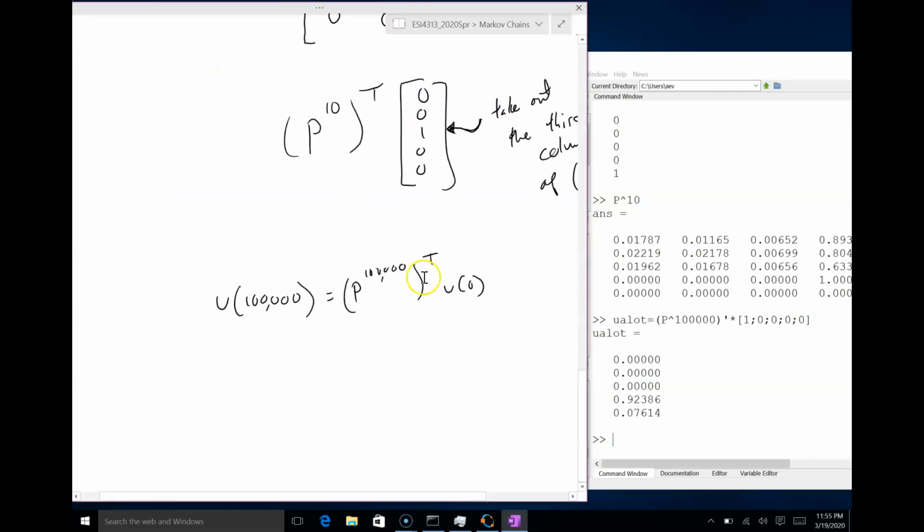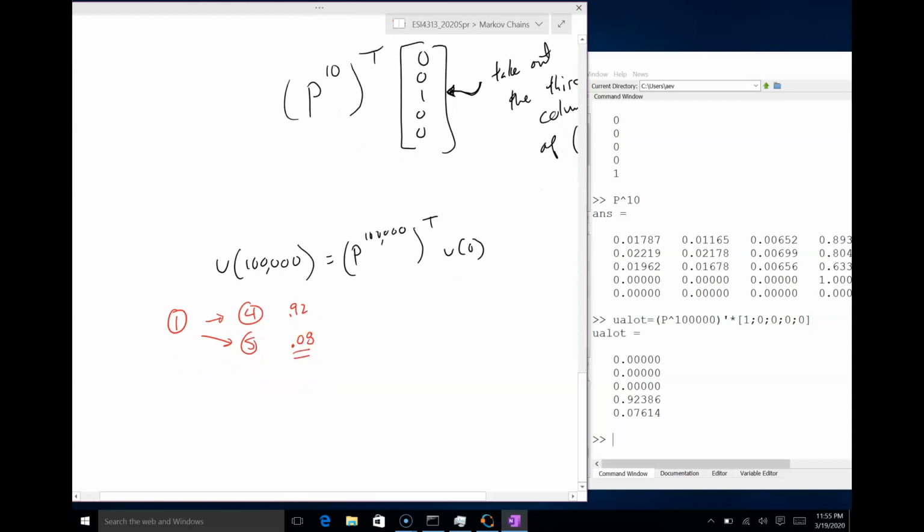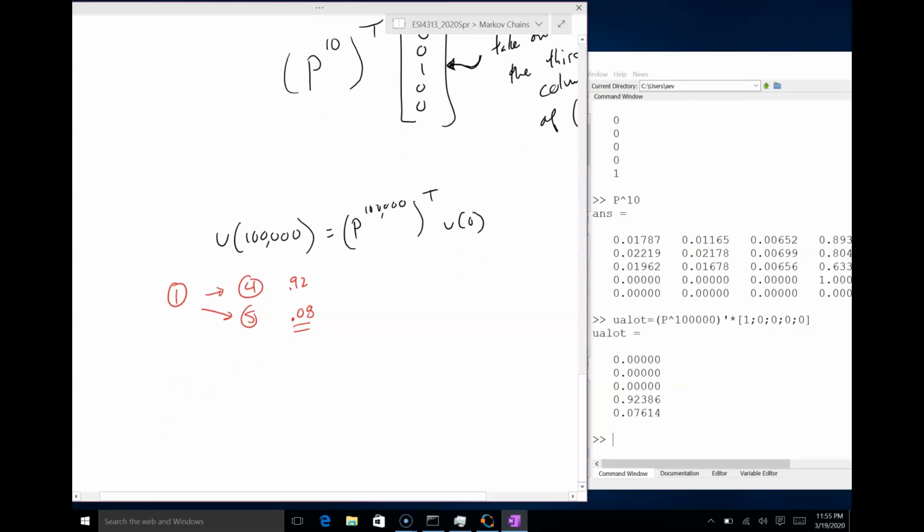Alright, so let's see this. So if you started in state 1, the probability that you end up in state 4 is 0.92, and the probability that you end up in state 5 is 0.08, right? And it adds up to 1, which is kind of neat, what we expect. Alright, so let's see what happens if you start in state 2.